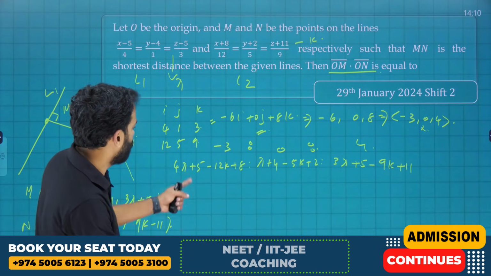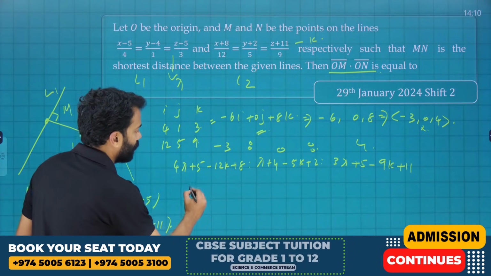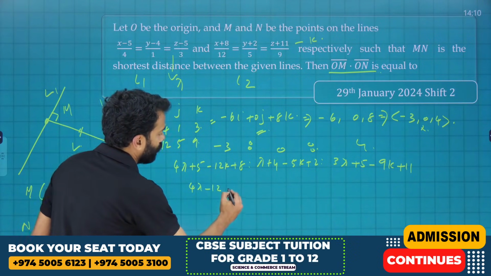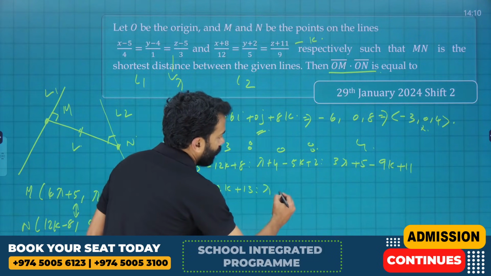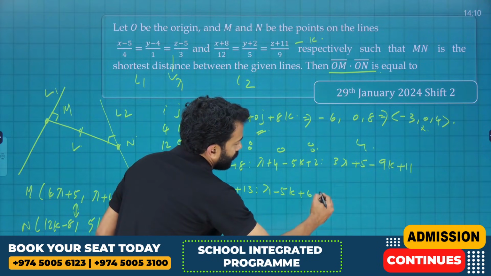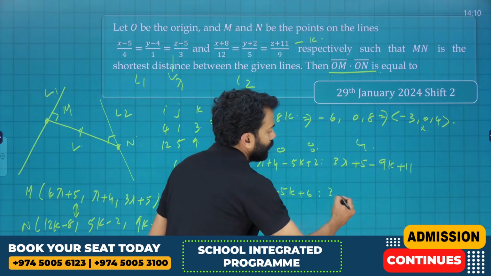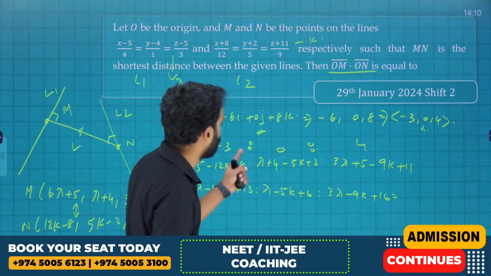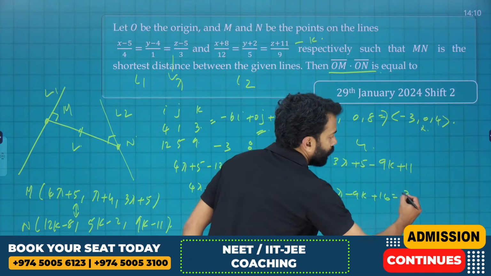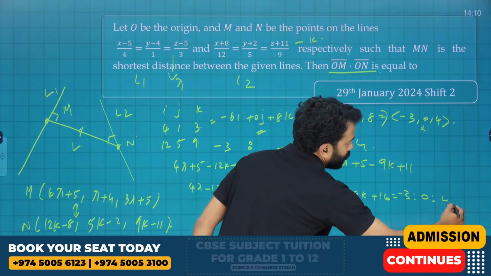Therefore it will be 4 lambda minus 12k plus 13 is to lambda minus 5k plus 6 is to 3 lambda minus 9k plus 16 is equal to minus 3 is to 0 is to 4.